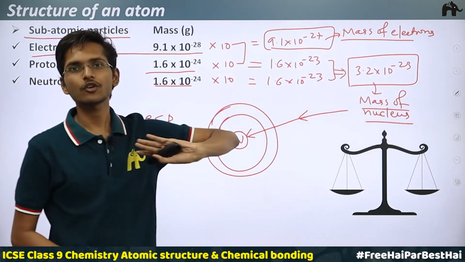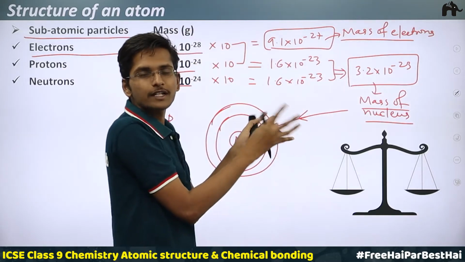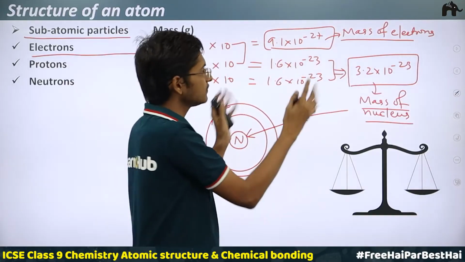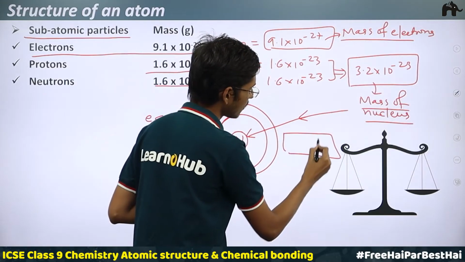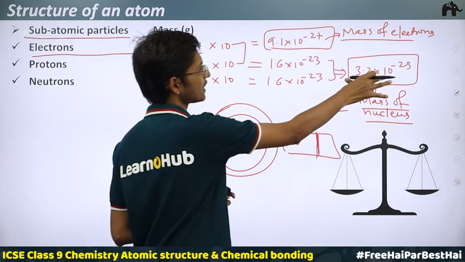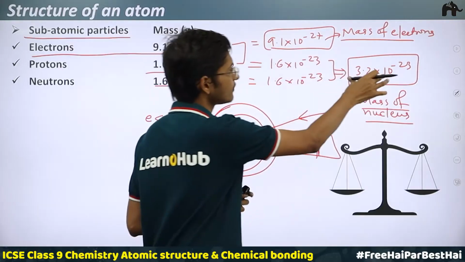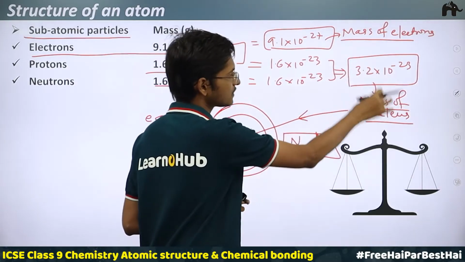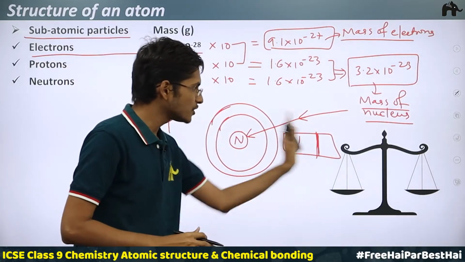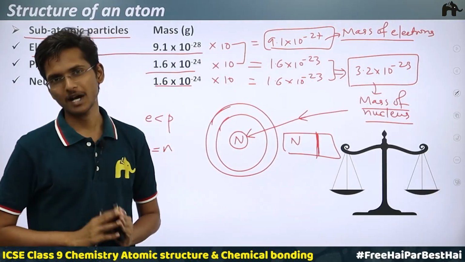If I add both of them, I would get the mass of an atom, right? But in that mass of an atom, the majority portion would be the mass of the nucleus, because this is a greater number and this is a smaller number. So we can say that in our atoms, most of the mass is because of the mass of the nucleus, and electrons have very less mass.